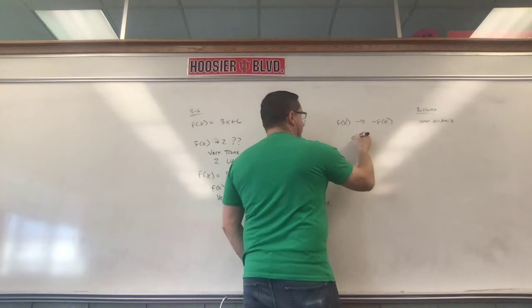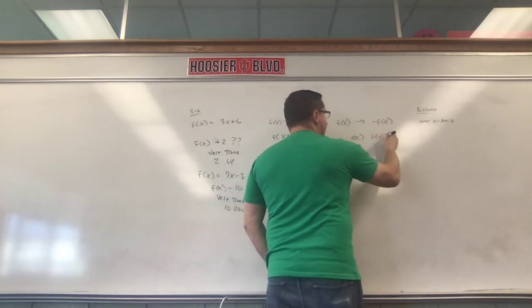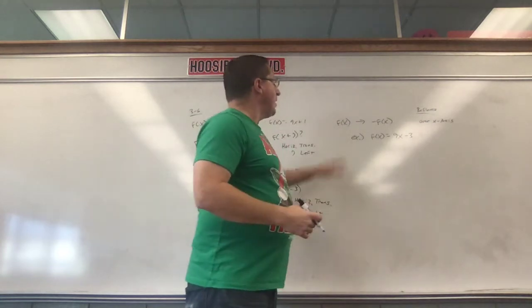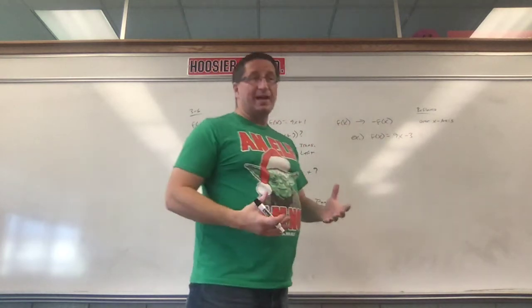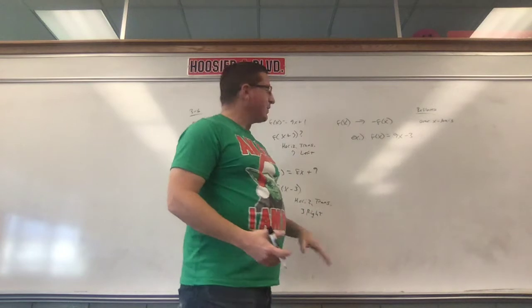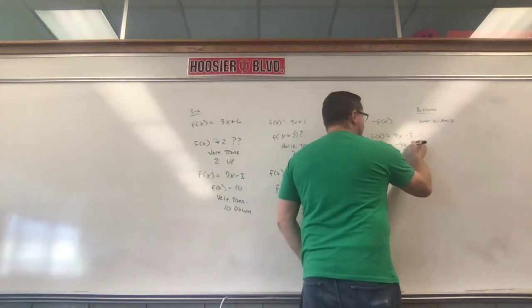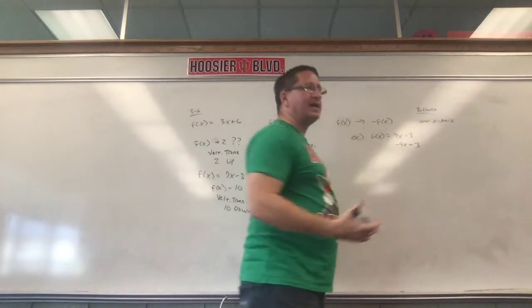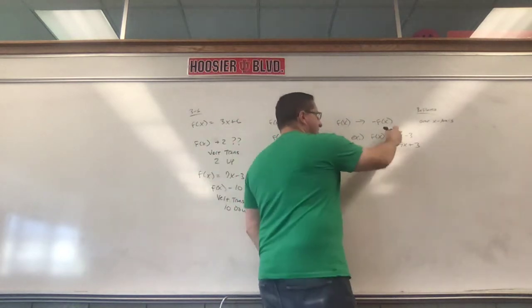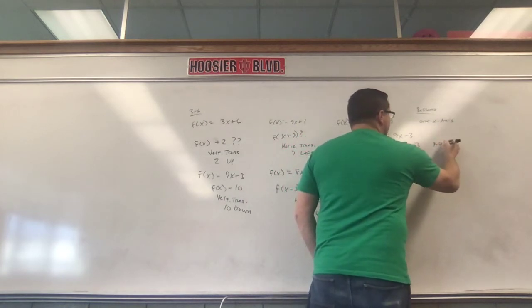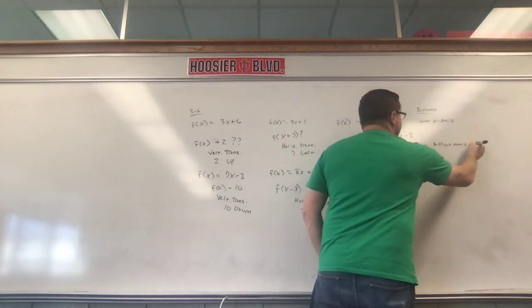So for example, if I give you f of x is 9x minus 3, okay? We're gonna oppositize it. Negative f of x is the opposite of that. What's the opposite of 9x minus 3? Negative 9x plus 3. We're oppositizing the entire thing, okay? So 9x turns into negative 9x, negative 3 turns into positive 3. That reflected it over the x-axis.